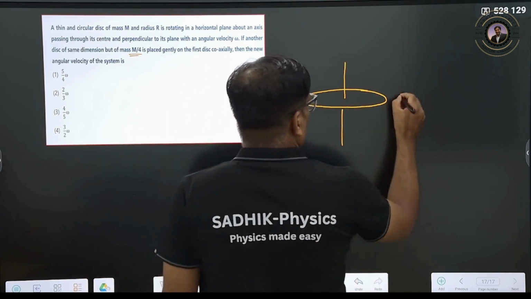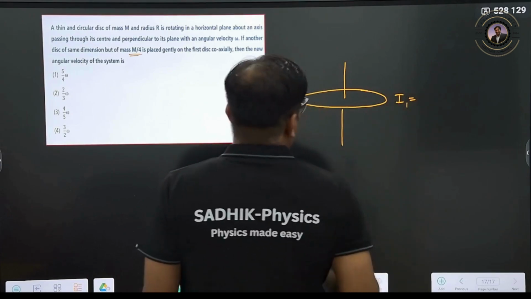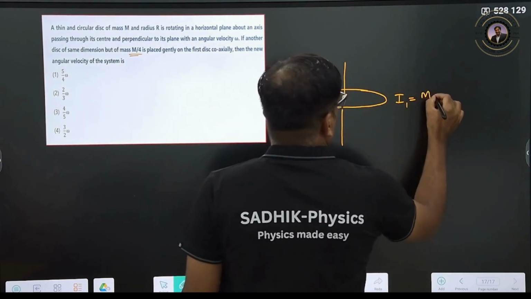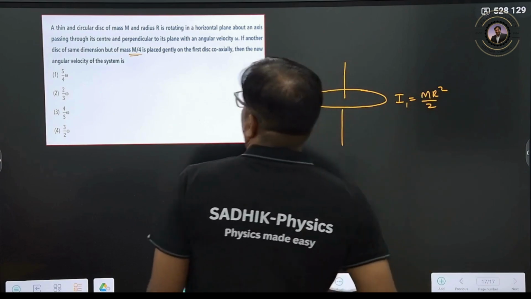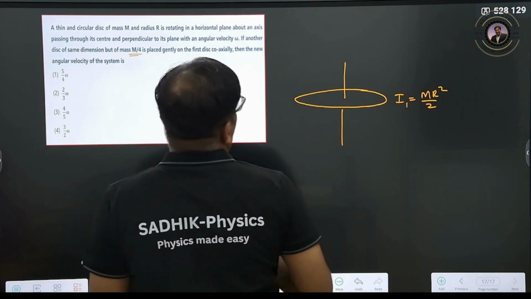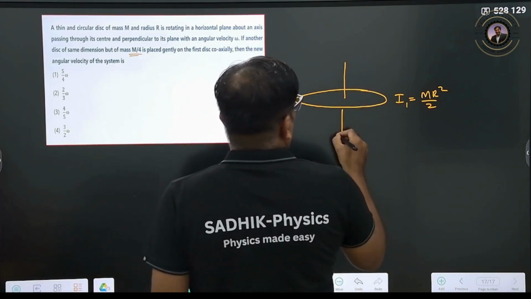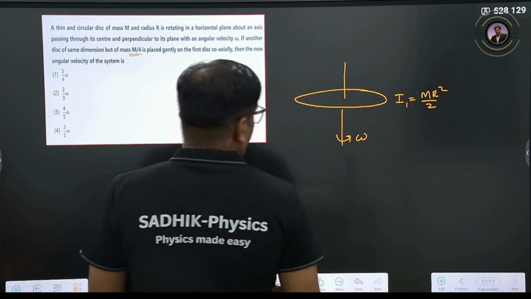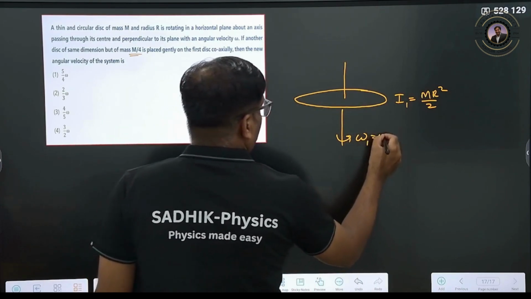So initial angular momentum is how much now? For the disc, the moment of inertia is mr square by 2, and it is rotating with an angular velocity omega. Therefore omega 1 is equal to omega.